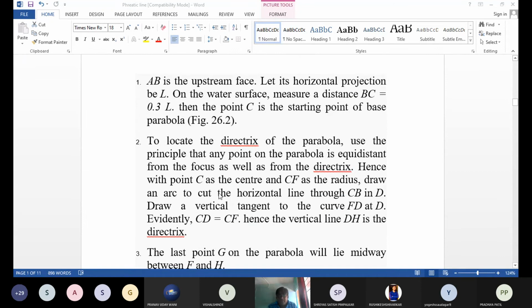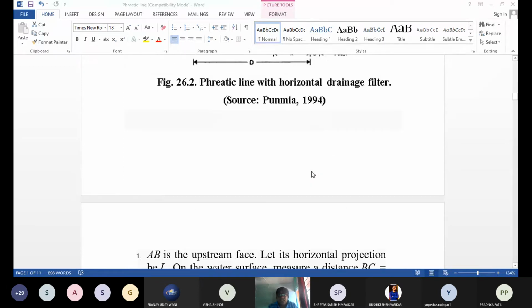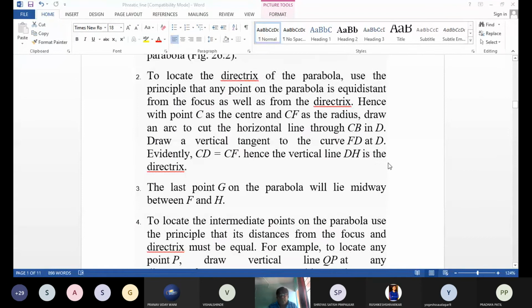Hence, with the point C as the center and radius CF, as I already told you, draw the arc to cut the horizontal line through CB at a point D. Draw a vertical tangent to the curve FD at D, and evidently CD is equal to CF, because you have taken the radius from the point C to F, so the point is located at the same distance. Then the vertical line will be represented as the directrix. So this is the exact procedure for the directrix.